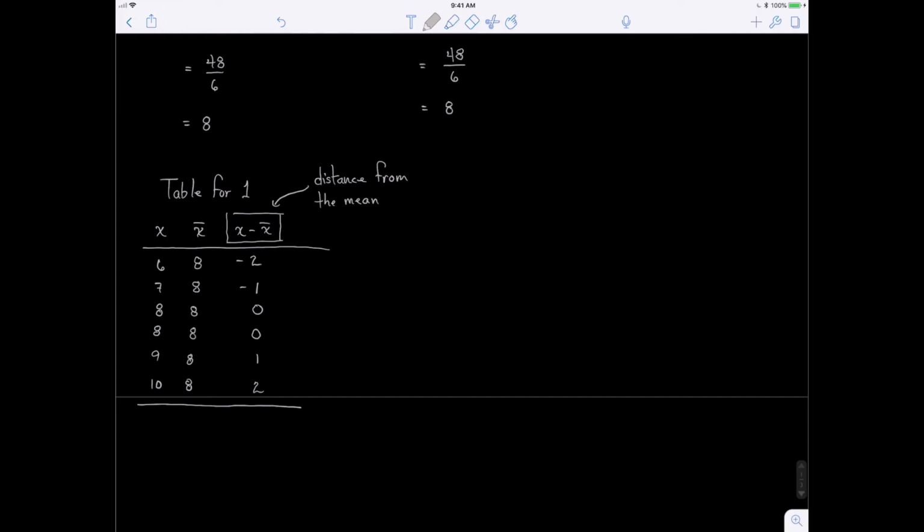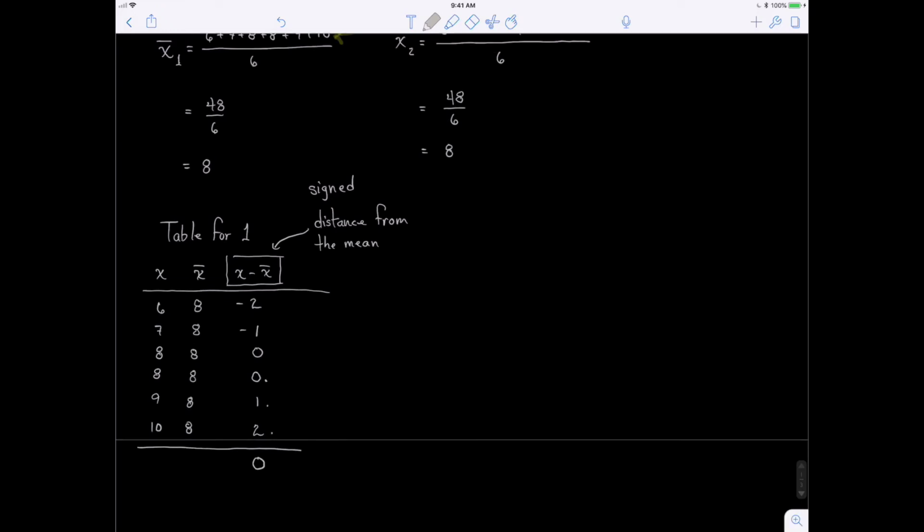And actually, you may even want to call it a signed distance, because the sign tells direction, negative being left and positive being right. So if I add these up, I have negative 2 plus negative 1, that's negative 3, plus 0, so we're still at negative 3, plus another 0 for negative 3, plus 1, that's negative 2, plus 2, well, that adds up to 0.